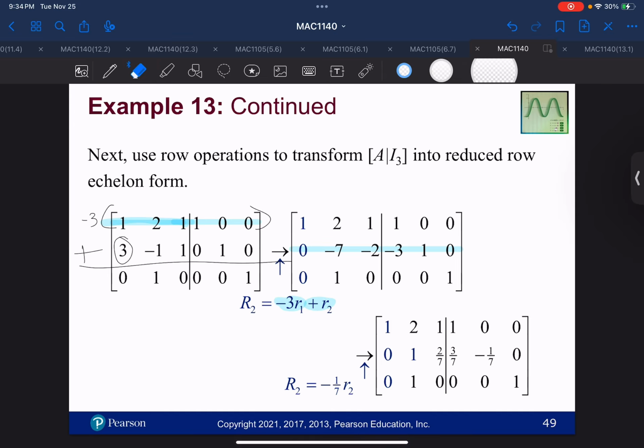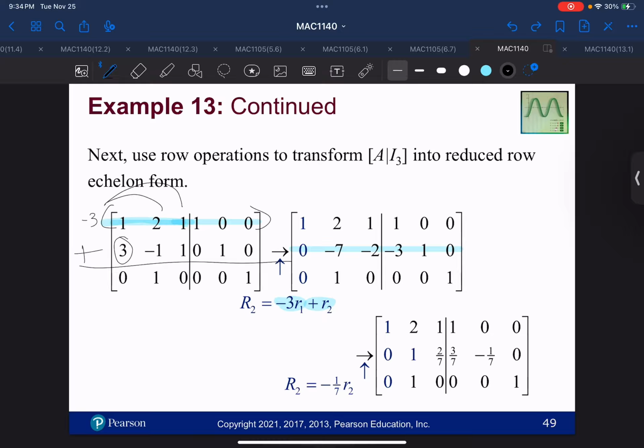So the first entry will be 0. Second one, -3 times 2 is -6, plus -1 is -7. The next one, -3 times 1 is -3, plus 1 is -2.